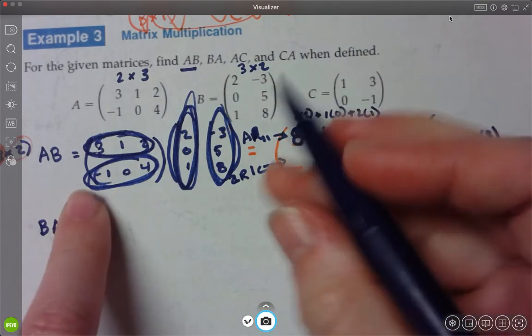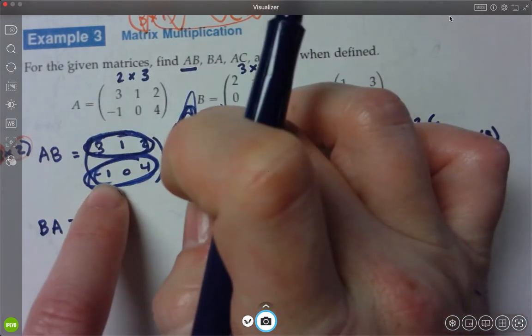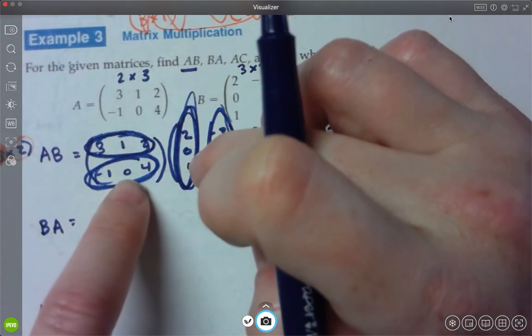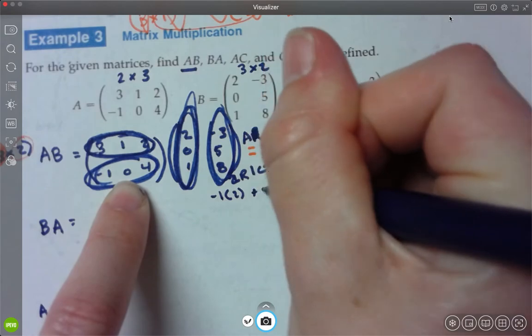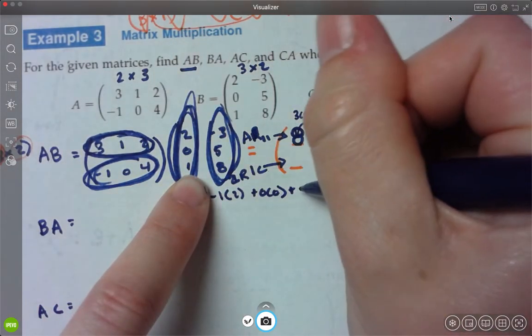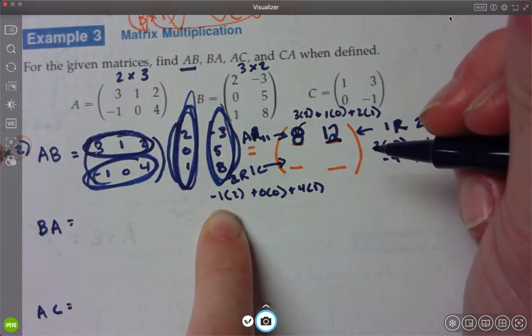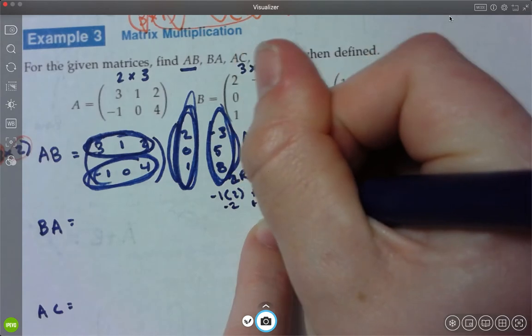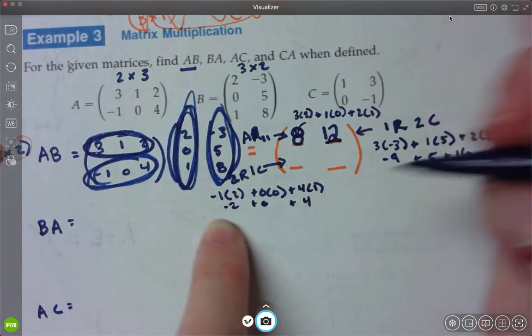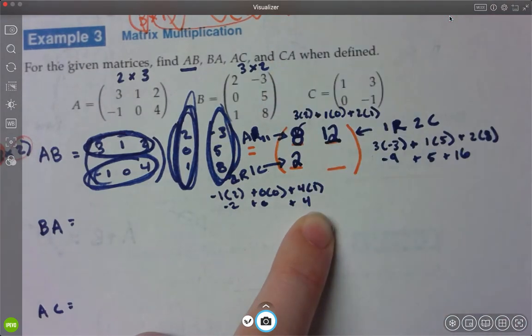I start with negative 1 times 2. That's second row, first column, first piece. Then I have 0 times 0, plus 4 times 1. So negative 1 times 2 is negative 2, plus 0, plus 4 times 1 is 4. So negative 2 plus 0 plus 4 is going to be 2 in this spot.